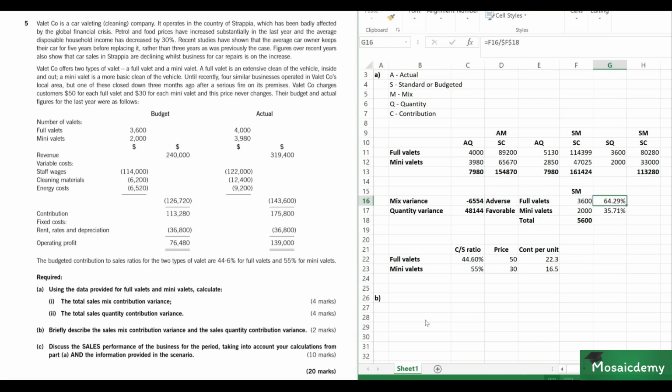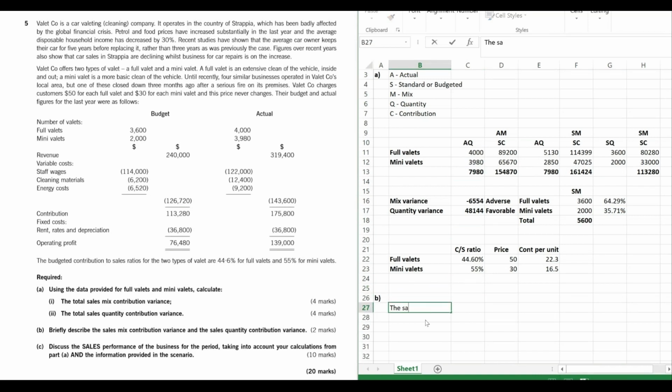If we had sold 64% of our sales as full valets, we would have made a better profit, and we would have sold then 36% of our sales as mini valets. That would have improved our overall profit instead of the 50-50 split. Okay, so that's mix variance. Let's just explain that part.